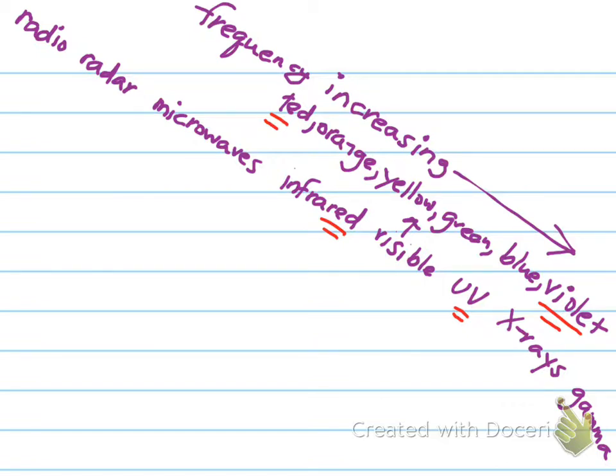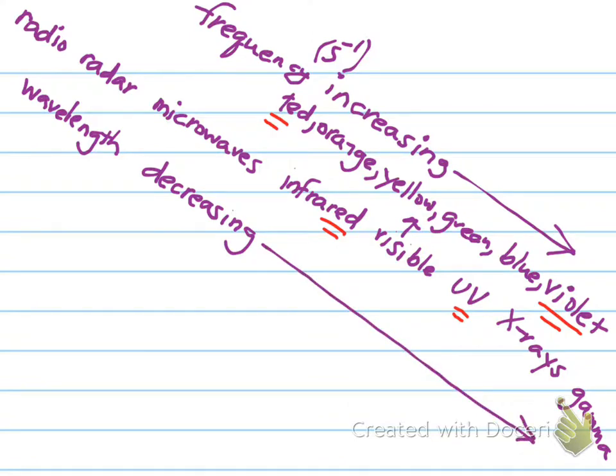And this frequency is measured in seconds to the -1 or hertz. If my frequency is increasing that way, then my wavelength as I go this way is decreasing because they are inversely proportional.